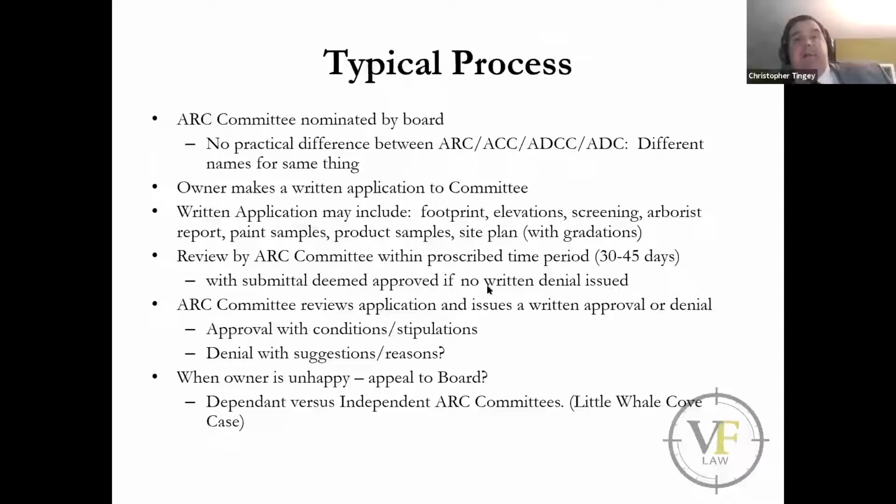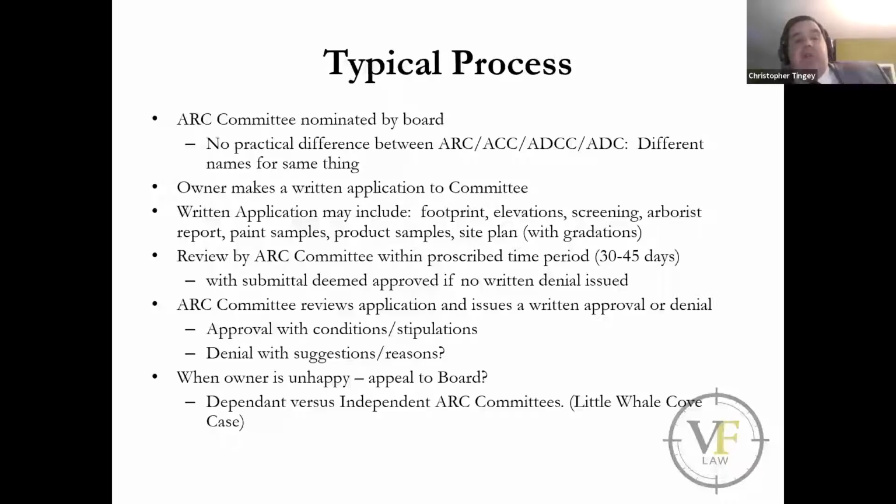In a condo, frankly, condominium ARCs are not as busy. There's not as much to do for them because nobody should be touching the outside of the condo. It's really only structural issues and noise issues on the inside.